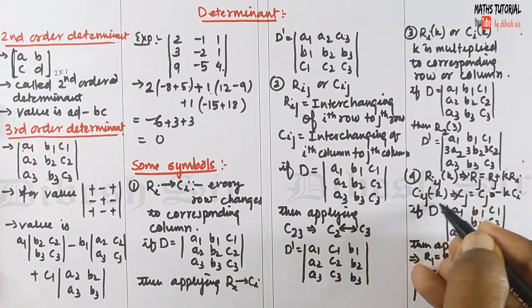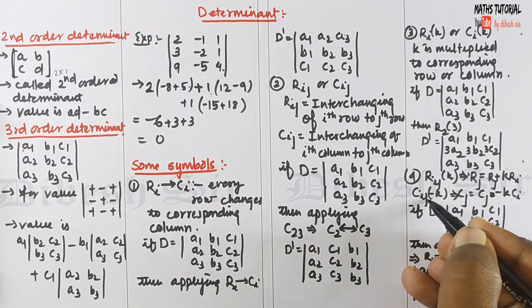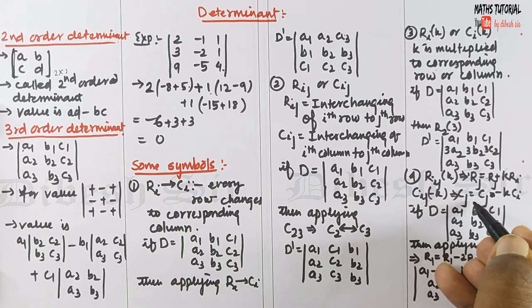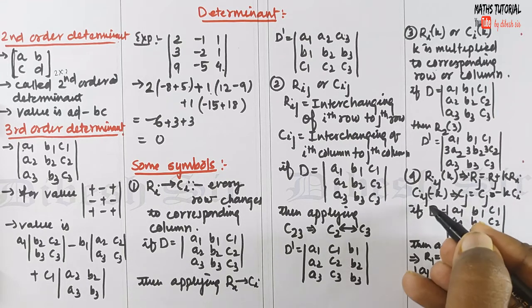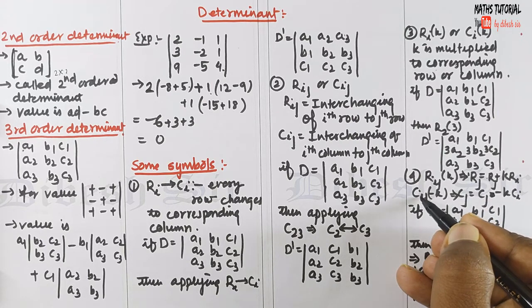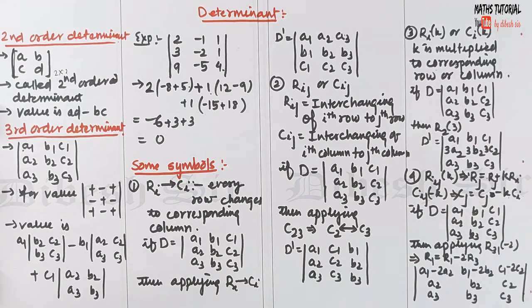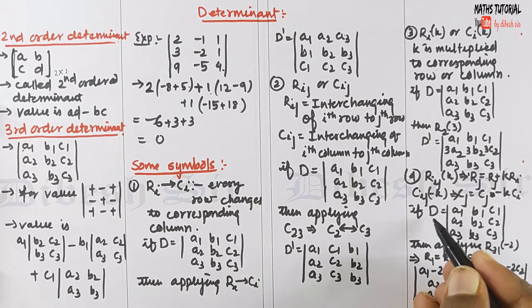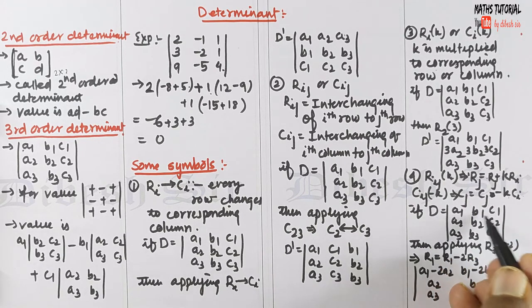If Cij minus K, then Cj is equal to Cj minus K into Ci. So if D is equal to A1 B1 C1, A2 B2 C2, A3 B3 C3, then applying R31 minus 2, it means R1 is equal to R1 minus 2 times of R3.